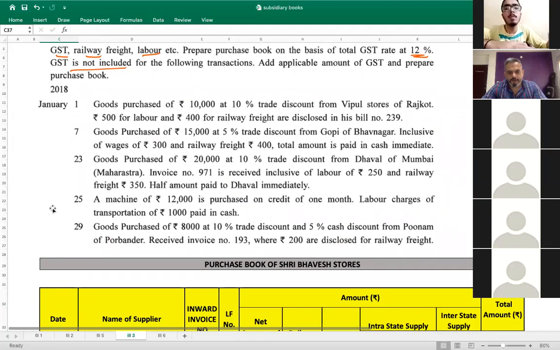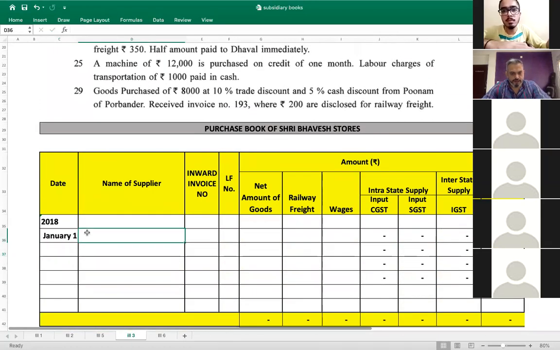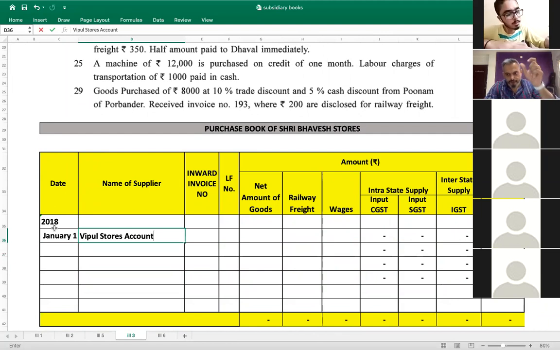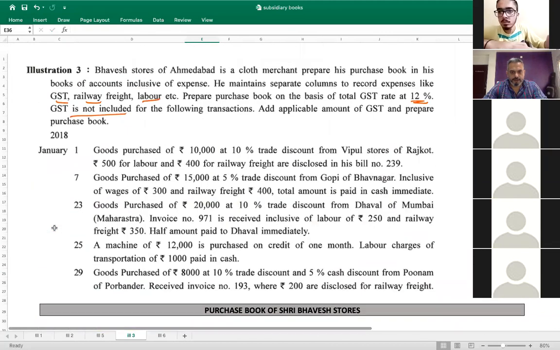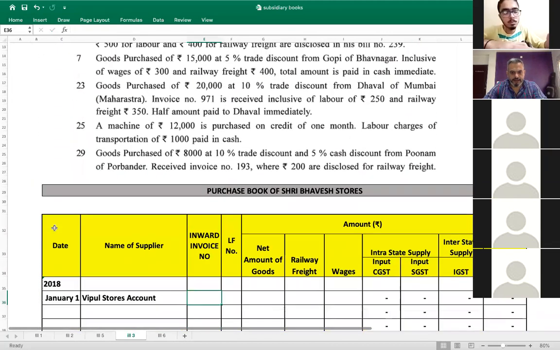Now goods are purchased from Vipul Stores, so name of the supplier, Vipul Stores account. If you don't have space, you can write A/C. Inward invoice number 239.